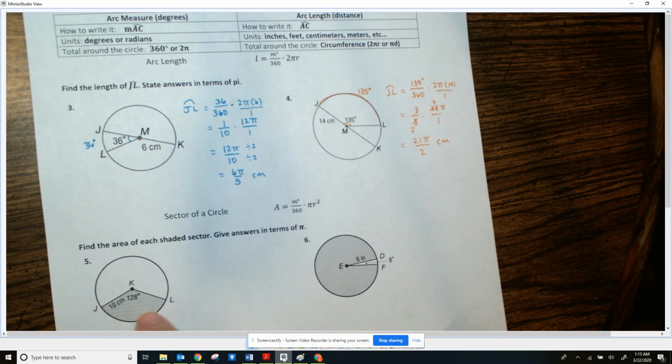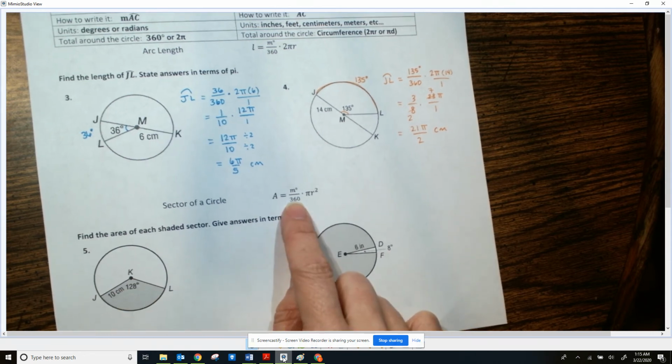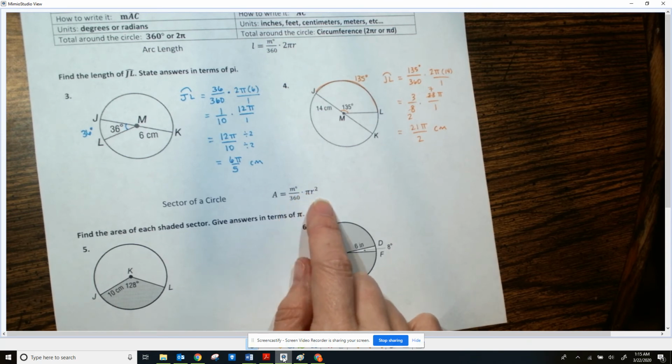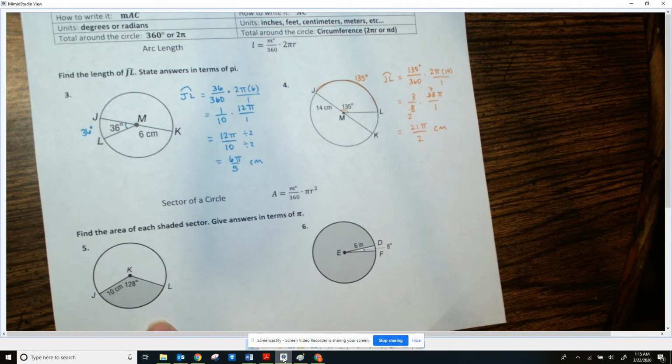So if I wanted the area, that piece of the circle, we're going to take the whole circle area and just do that fractional piece. Well, how do I know what that fractional piece is? Well, I use the measure of the arc divided by 360 and then take that times the area. So let's do that.